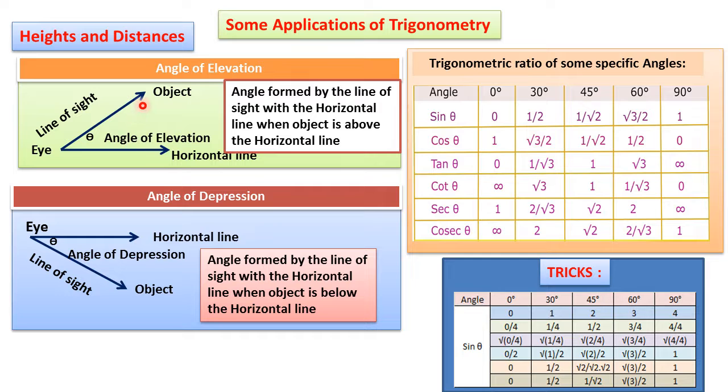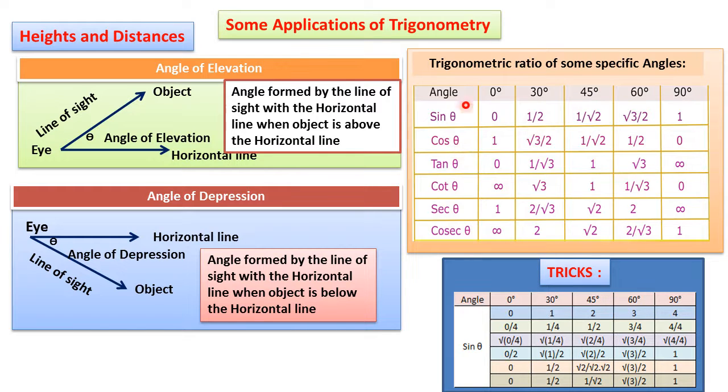For this we are required to know the trigonometric ratios of frequently used angles, that is, sine of 0 degree, 30 degree, 45, 60, 90. Similarly cos of these values, tan, cot, sec and cosec theta.